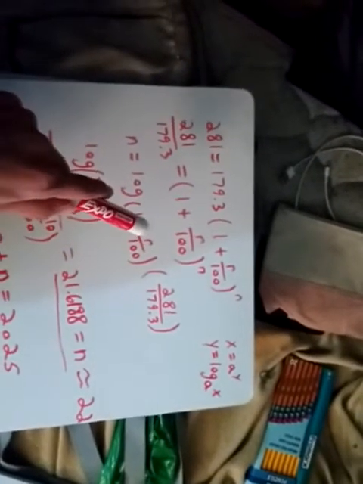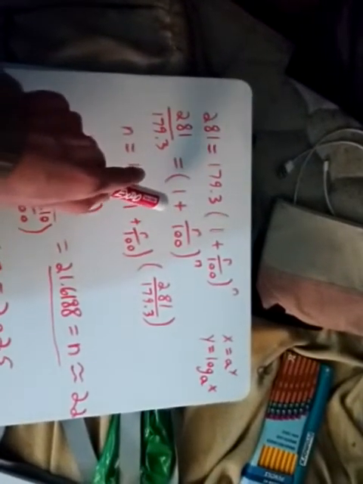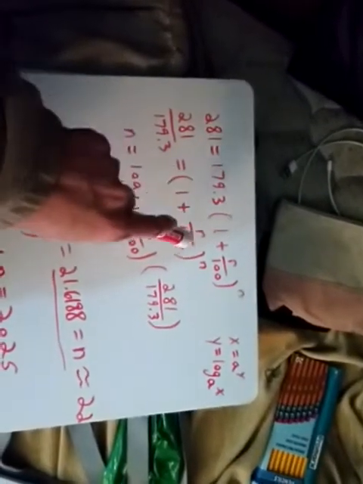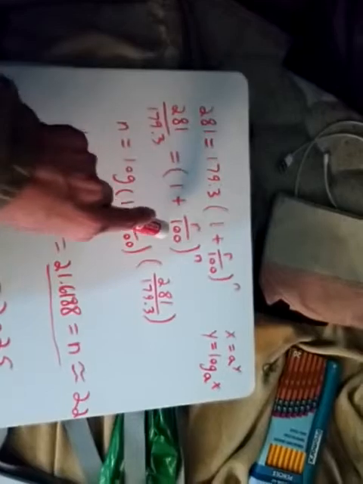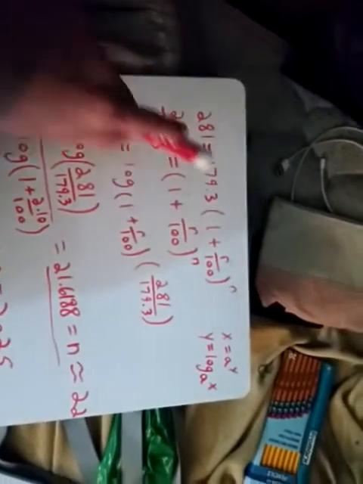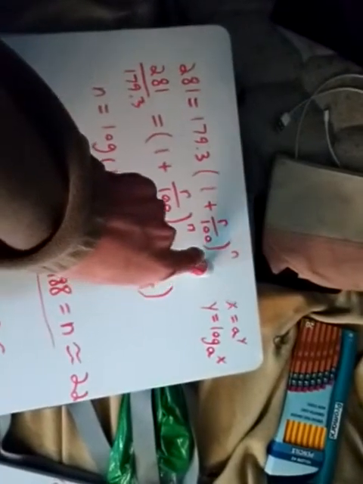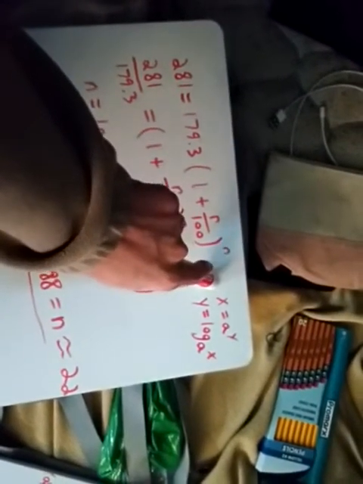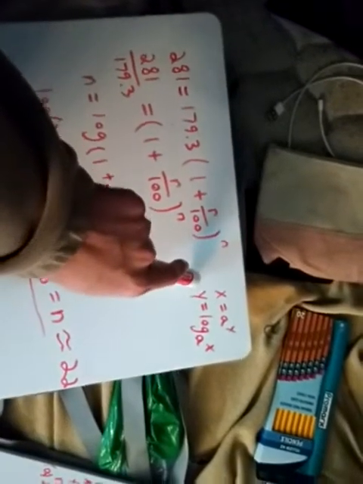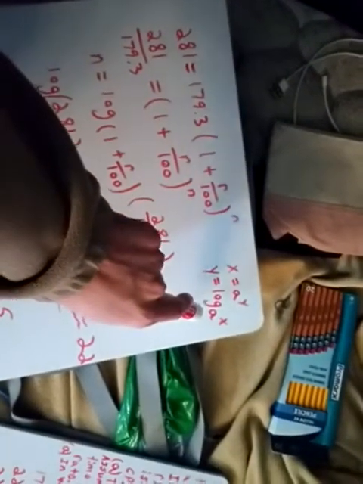Now I have an exponent. This part in parentheses on the right side of the equation is the base raised to the nth power equals x. From the properties of logarithms, I have x equals a to the y power, and y equals log base a of x.